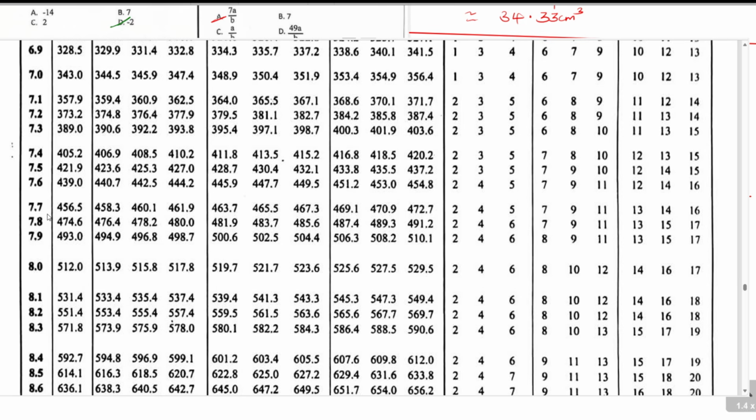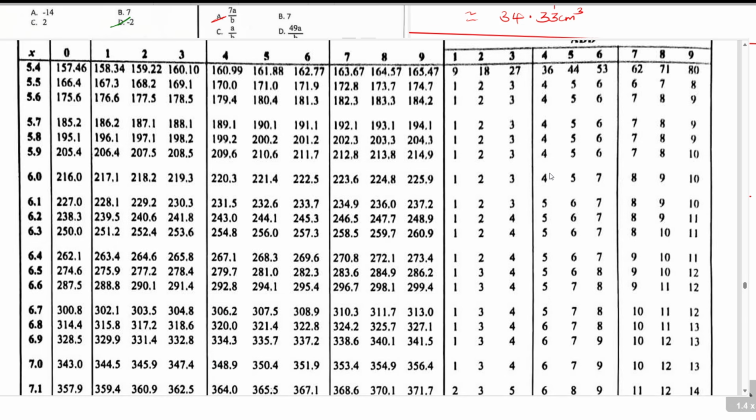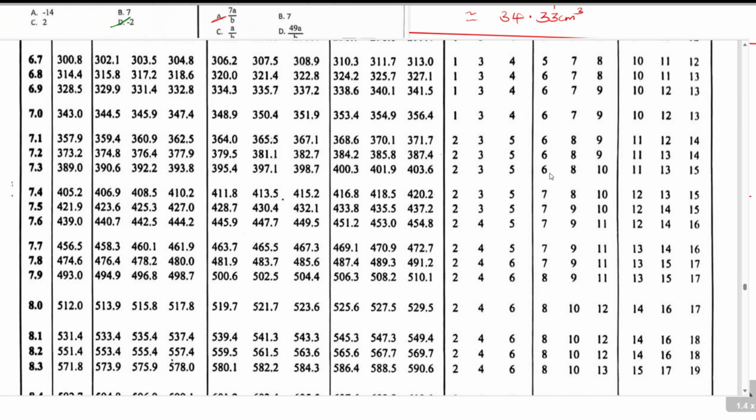And then 4. You go straight to where 4 is. So 4 is this column where we have add. You drop down with that column. So 4 is here. You're supposed to add 7.